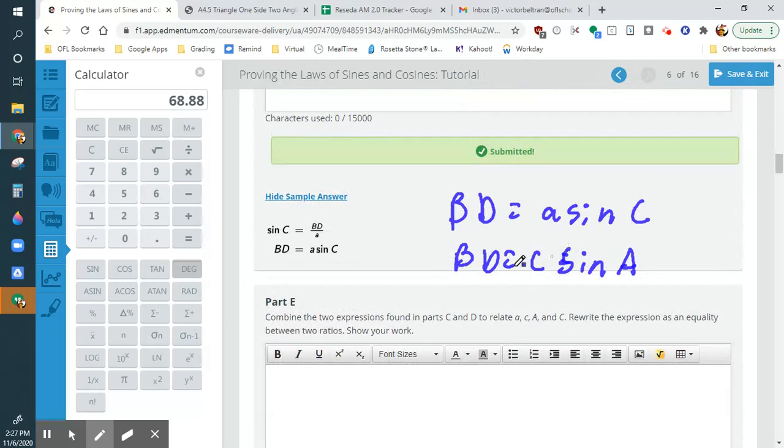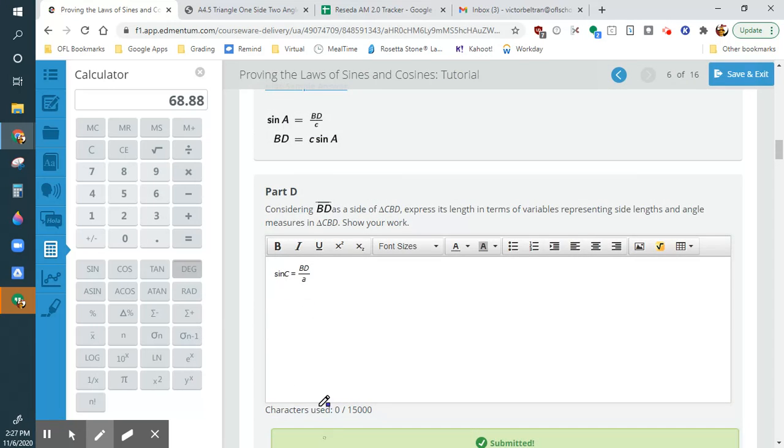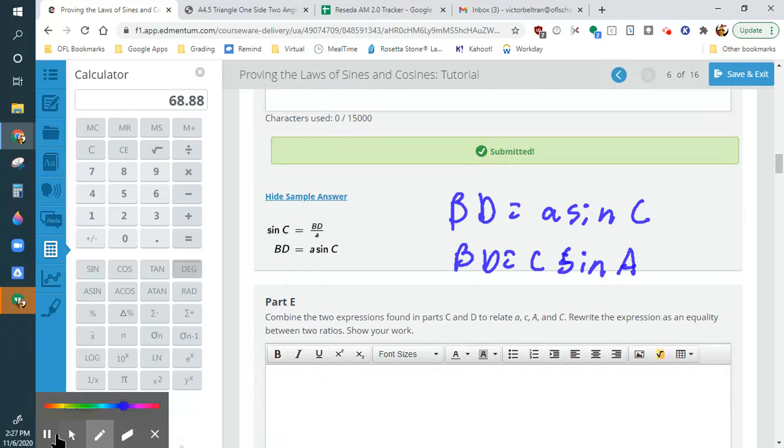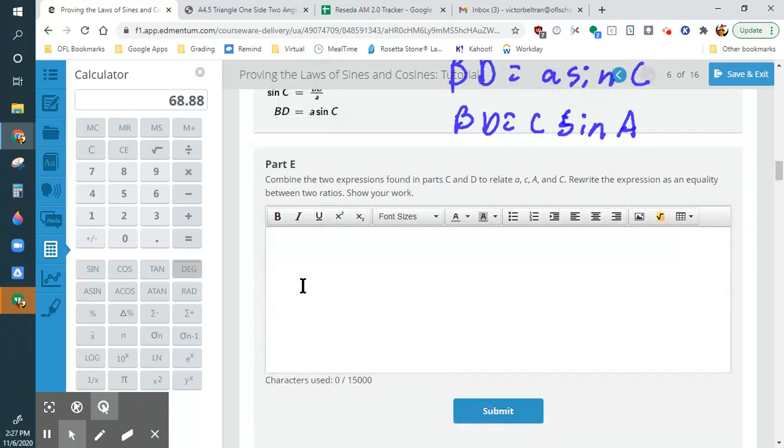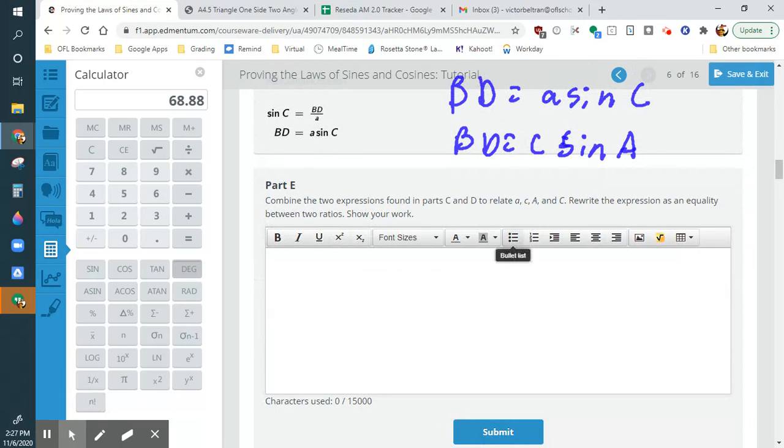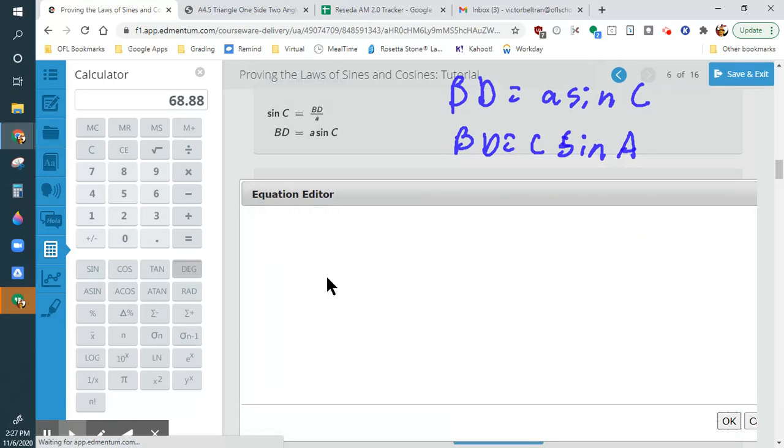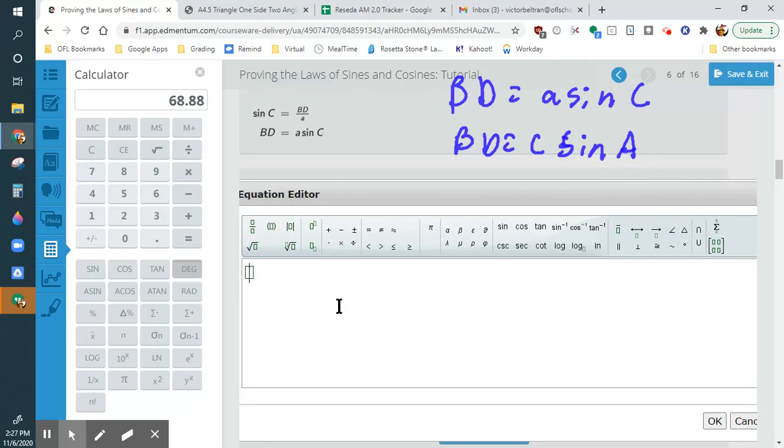So I'm going to use both parts from how Edmentum solved it, and I'm going to solve this, just to write it all in.